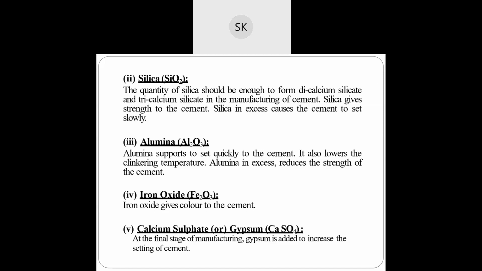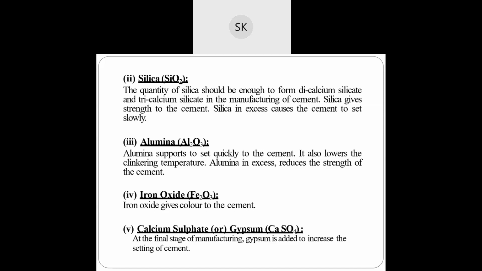Next is alumina. It helps the cement set quickly. So the initial setting time depends on the alumina content of the cement. It also lowers the clinkering temperature. Alumina in excess reduces the strength of the cement.